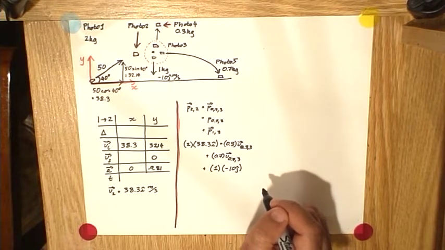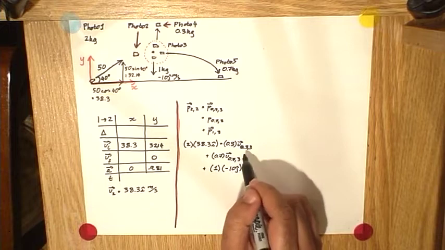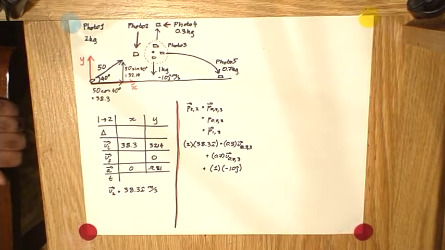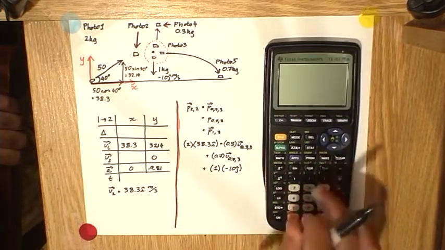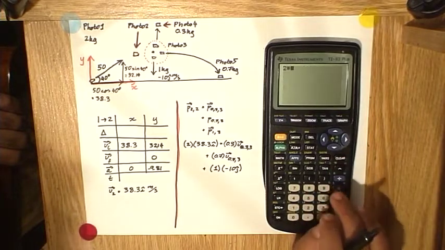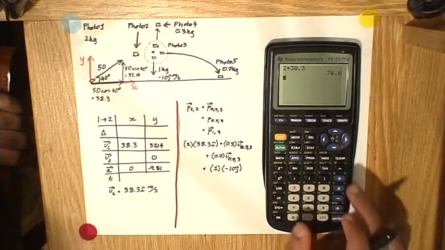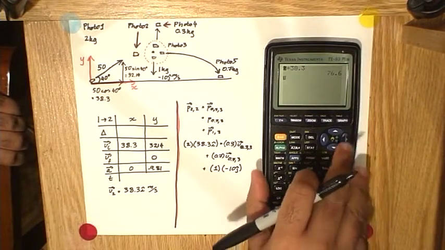Okay, so now let us start solving for these two unknown velocities. 2 multiplied by 38.3 is going to give us 76.6.